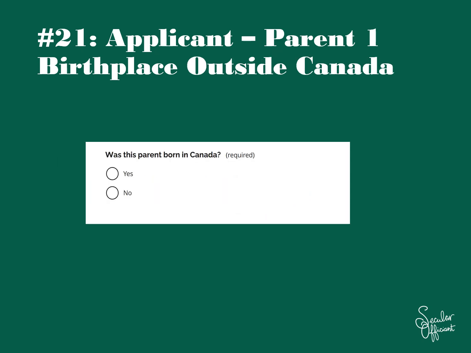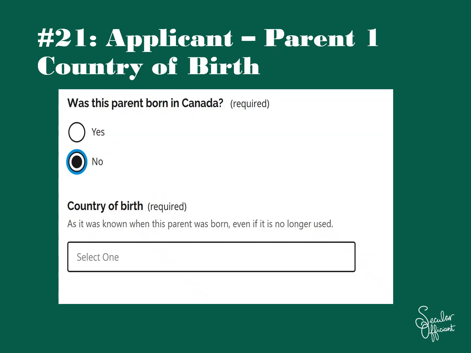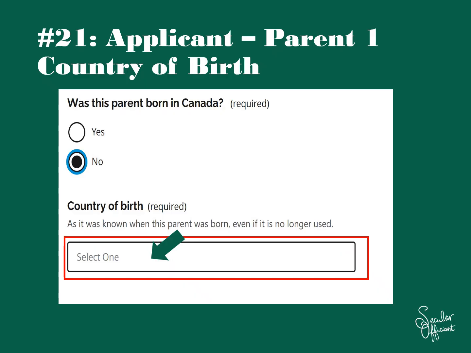If your first parent was born outside of Canada, select no. If you select no, the application will then ask you to select the country they were born in. You can start typing in the country and then select it from the provided list. The website will ask you to indicate the country name at the time, even if it has changed now. If you're unable to find the country on the provided list, you can select Not Found.